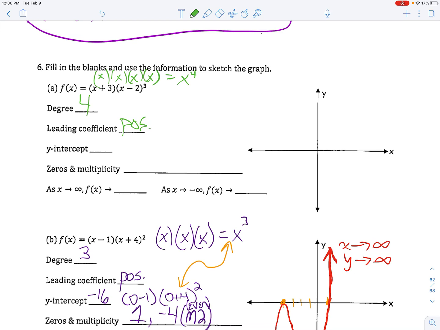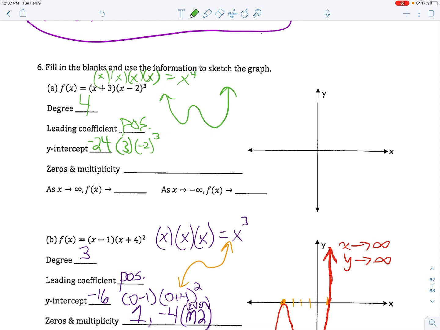So that is a degree 4 polynomial function with a positive leading coefficient. Remember the general shape here. A quartic function with a positive leading coefficient will be W shaped. Okay, graph.